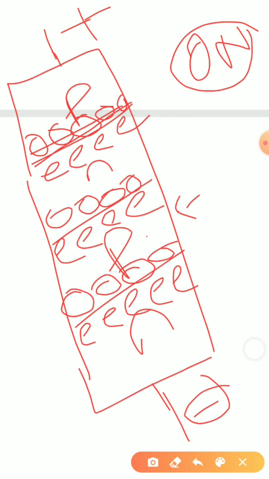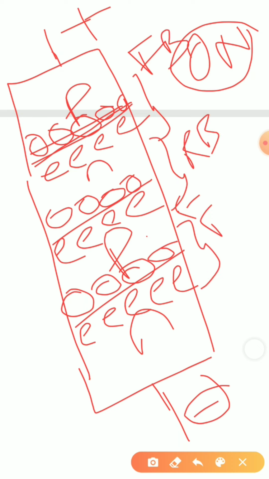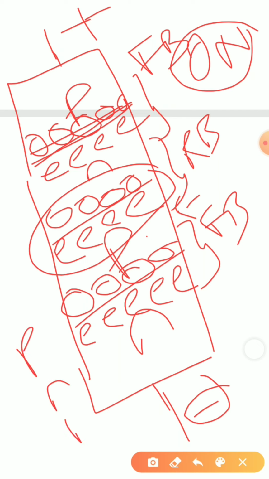Now if you remember the PN junction diode, we can say that this is forward biased, this is reverse biased, and this is forward biased. Here a depletion layer is formed. So when my thyristor was on, there was a redistribution of charge carriers. Initially, when we were discussing all the layers PNPN, there was uniform charge distribution.